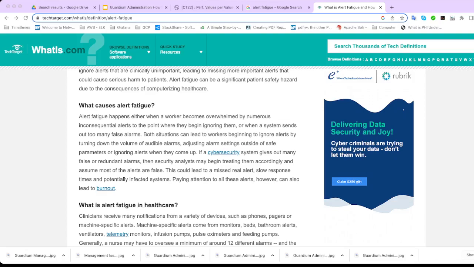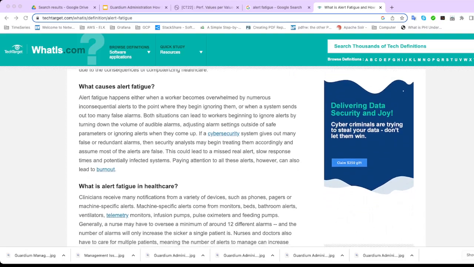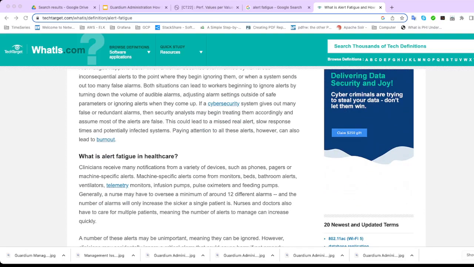If a cybersecurity system gives out many false and redundant alarms, or even if they are not false and redundant, then security analysts may begin treating them accordingly and assume most of the alerts are false. This could lead to a missed real alert, slow response time, and potentially an infected system. Paying attention to all alerts, however, can also lead to burnout.